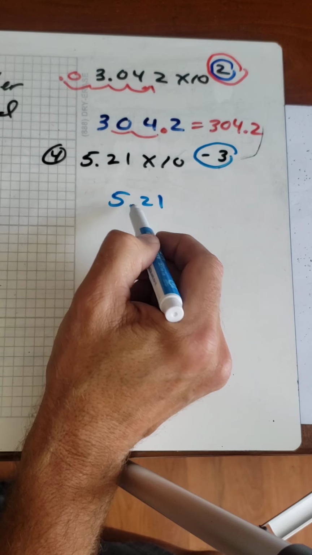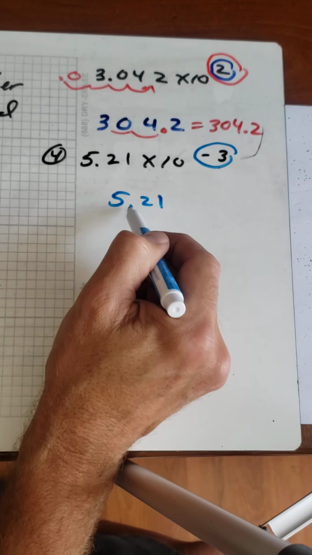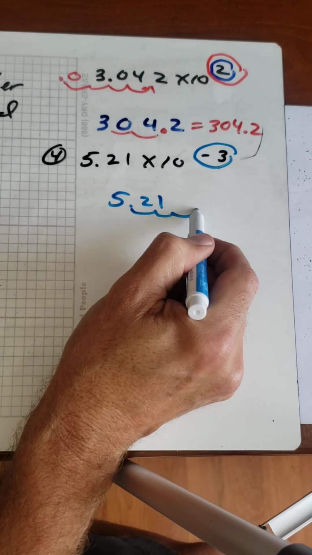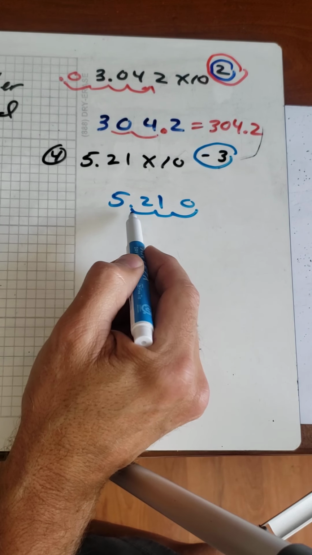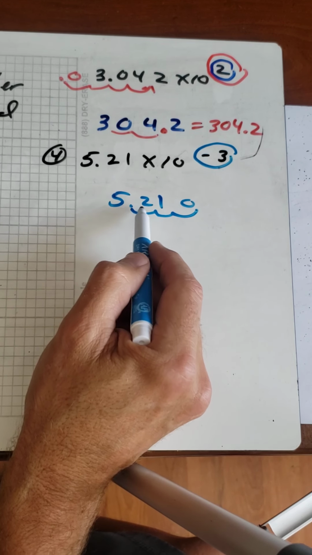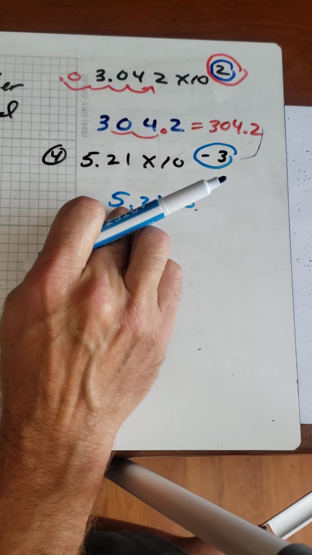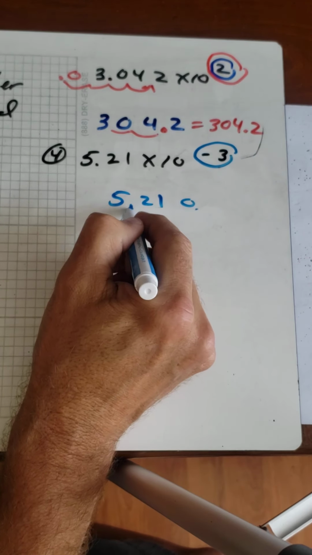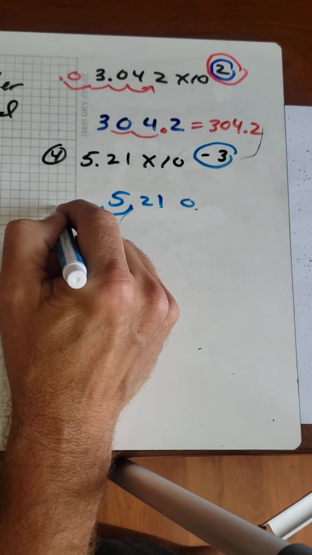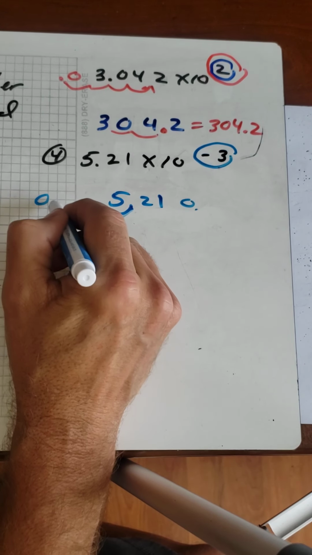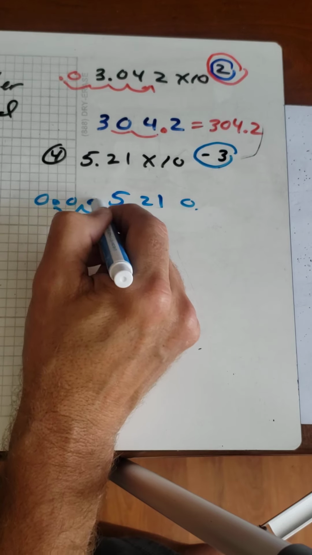I'm only going to go one direction or the other. If I move it this way, is this number less than 1? Well, that's 5,210. No, it's not less than 1. So the only direction I can move it is this direction, 1, 2, 3. And then I put my decimal point in there and then 2 zeros.